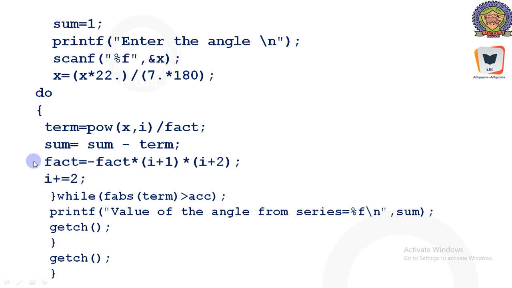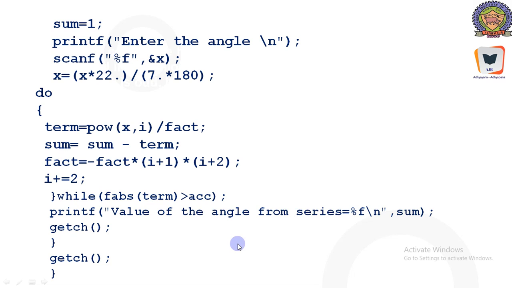Anyway, when it goes for the next cycle, term will be x to the power of 4 by 4 factorial, x to the power of 6 by 6 factorial. Like this, cyclically the factorial value in the denominator and power value in the numerator will be generated. Okay, you are requested to go through it very coolly and slowly.